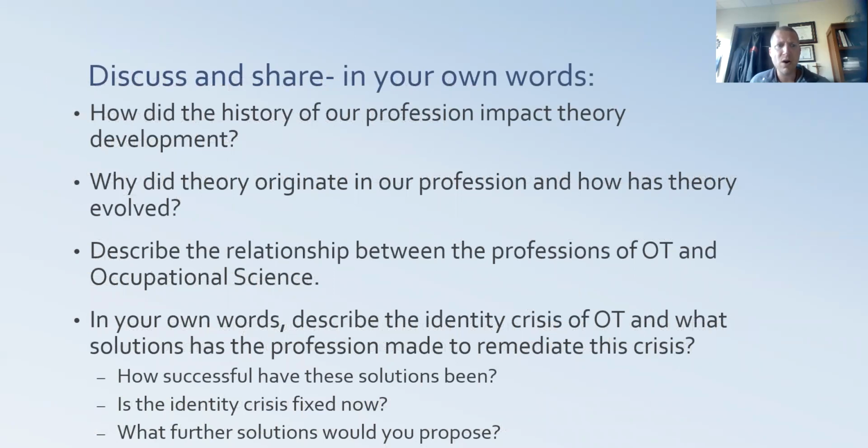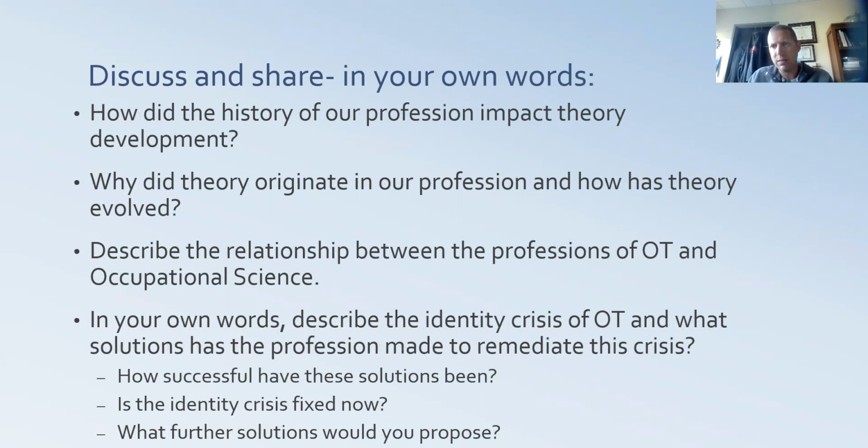And so just think about, and this is taken right off of one of our assignments on one of our papers. Okay, and so I want you to think about that. The paper's not due for quite a while, but we've talked a lot about the history of our profession and how we have models of practice in order to unify our profession, right?